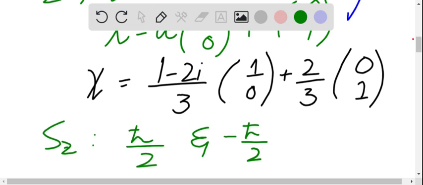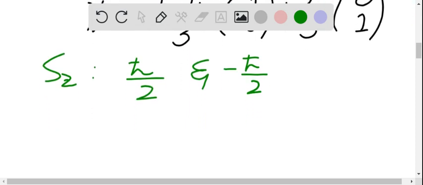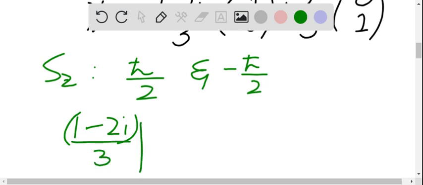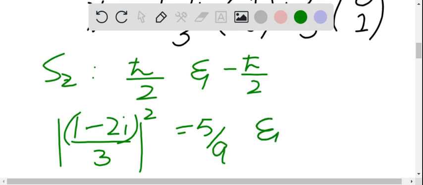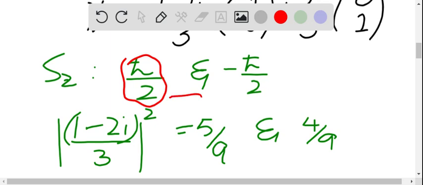The probabilities for these values would be the absolute value squared of (1 negative 2i) divided by 3, that is 5 by 9, and 4 by 9. So this is one possible value of S sub z along with its probability, and this is the other possible value along with its probability.